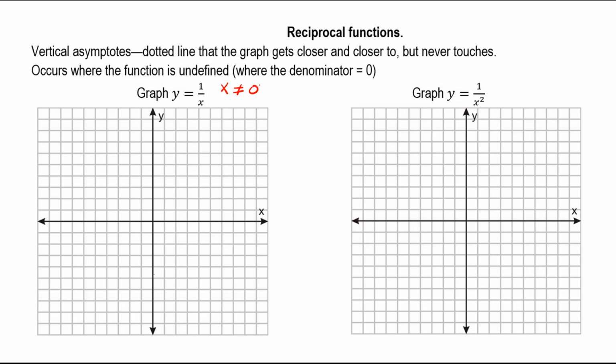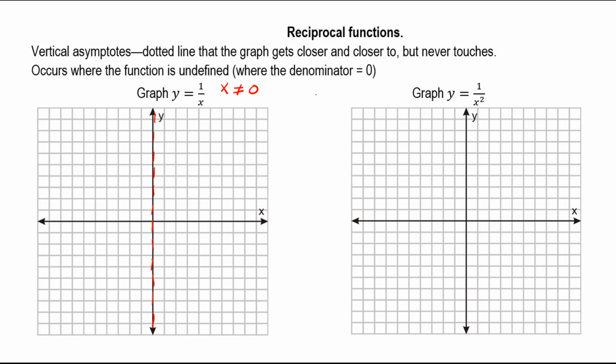And because x can never be 0, the y-axis is an asymptote. The y-axis is where x is 0. All the points on the y-axis have an x value of 0. So that is an asymptote. We can approach that line, but we'll never be able to touch it or cross it.